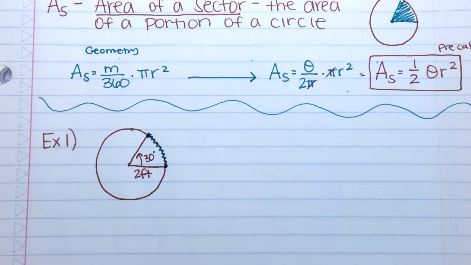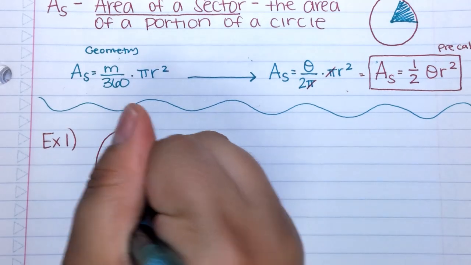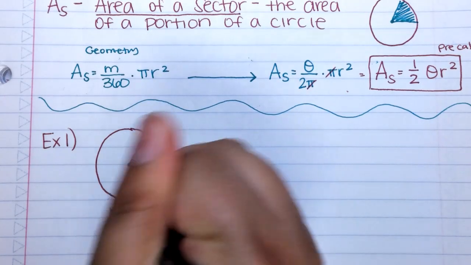What are the 2 things I need to know to answer these questions? The radius and theta, right? I need theta and the radius. What is the radius? 2. So right below that, I'm going to write the radius is 2 feet.